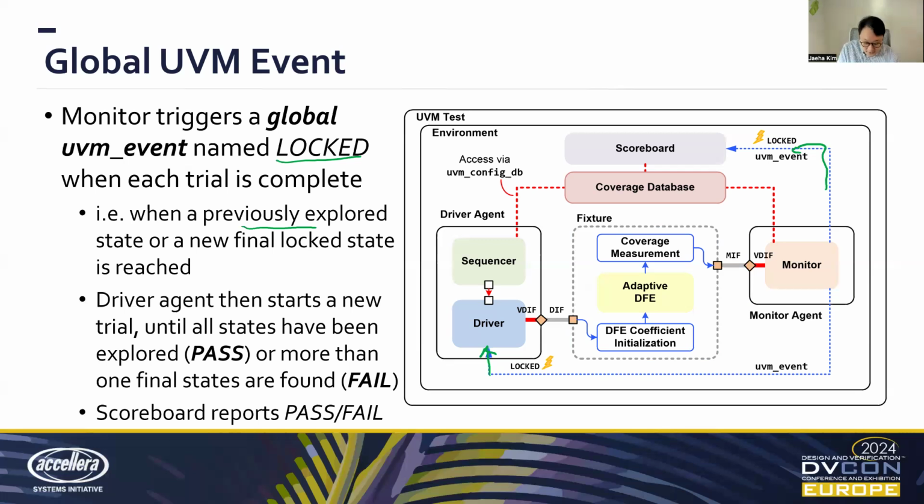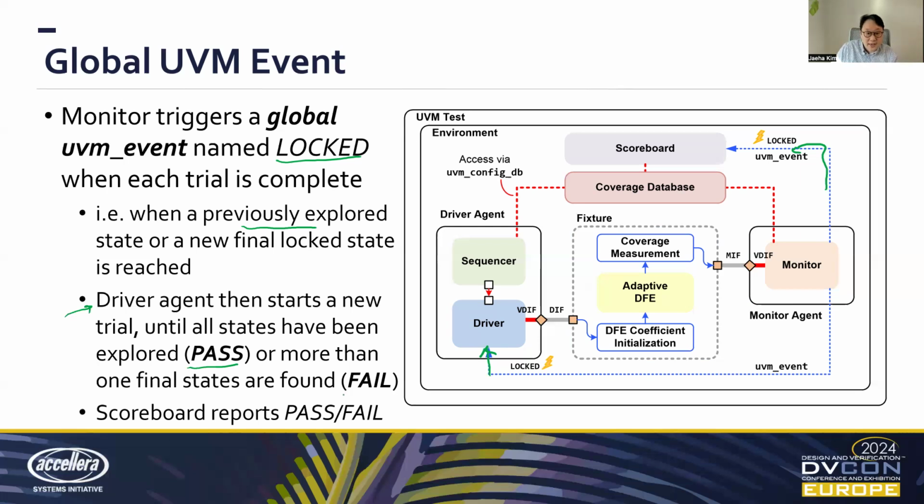Then when it's signaled, the driver agent will run a new trial. But if it has exhausted all the states available in the database, then it means that for all the states I have visited before, they all converge to the same final state, so it is a pass.